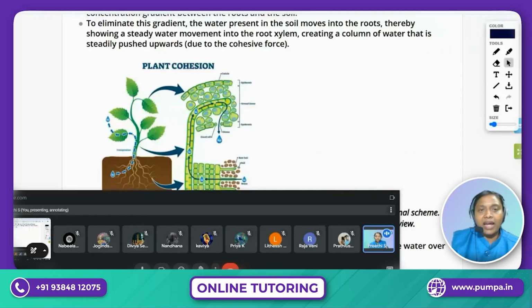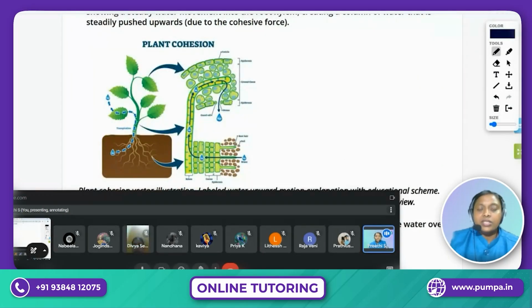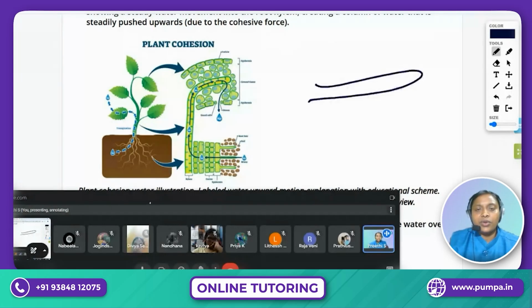So, plant cohesion is nothing but, what is the root? To reach the stomata, for example, the root only will be absorbing the water, right? So just imagine this is a root hair. The root will have tiny root hairs, so they will be increasing the surface area.